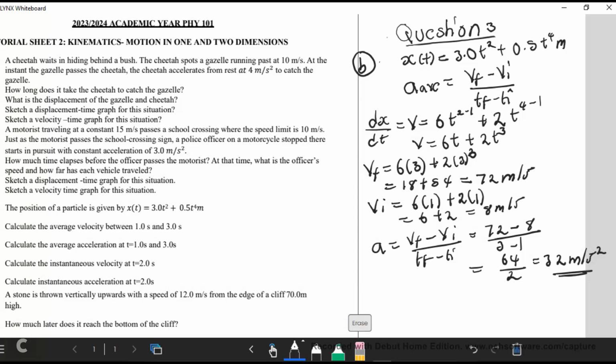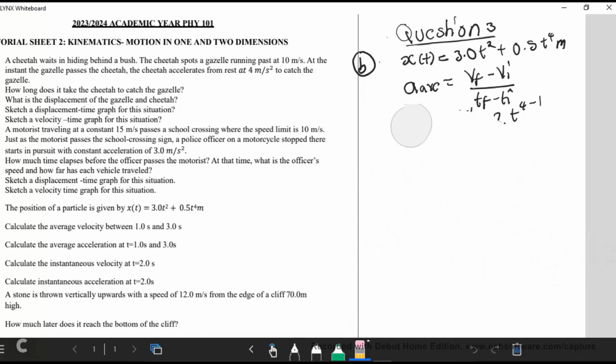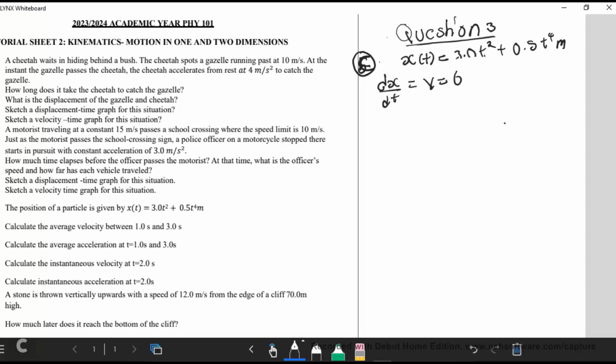Then let's try to solve question C. Question C, what exactly are they looking for? They are saying calculate the instantaneous velocity. To calculate the instantaneous velocity, remember we have to differentiate this one to have the velocity. So it is 6t plus 2t cubed, like that.